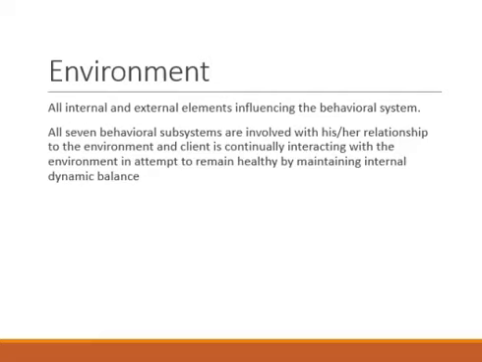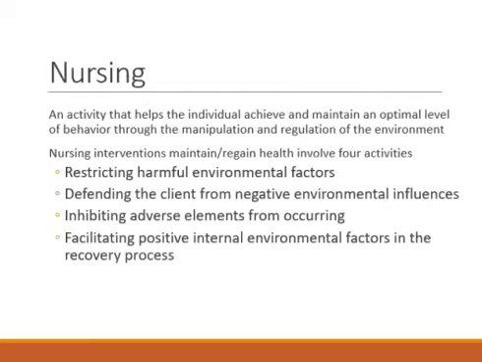So, all 7 behavioral subsystems are involved with the client's relationship to the environment through the regulation of the input and the output. The client is continually interacting with the environment in an attempt to remain healthy and maintain that internal dynamic balance.